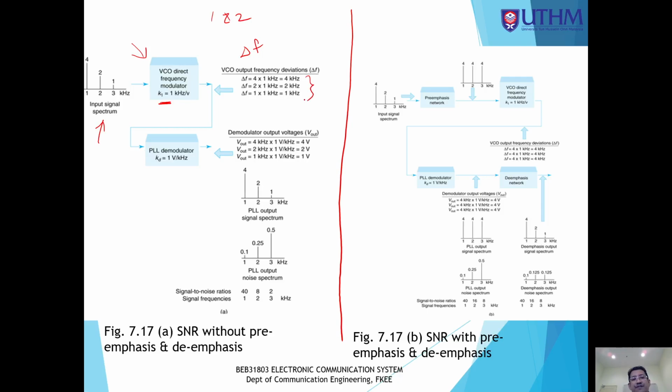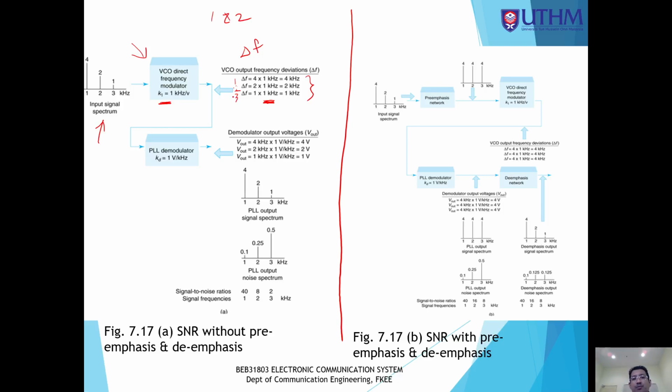Delta F can be found by multiplying the amplitude with K1, the sensitivity parameter of the VCO. So I have V1, V2, and V3 multiplied with K1.